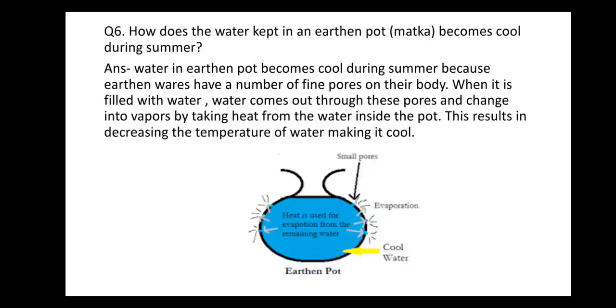Because the outside temperature is high, the water from the surface of the matka keeps on evaporating. For this evaporation, it has to take energy. Obviously, it will take the energy from the water inside the matka, and that will result in a lower temperature of the water, making the water inside cool.